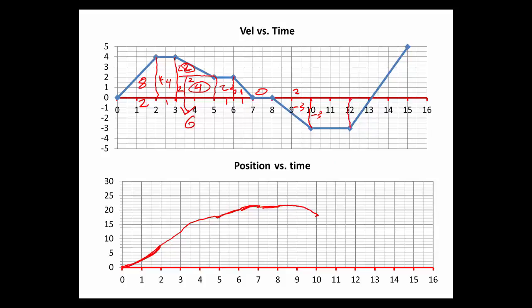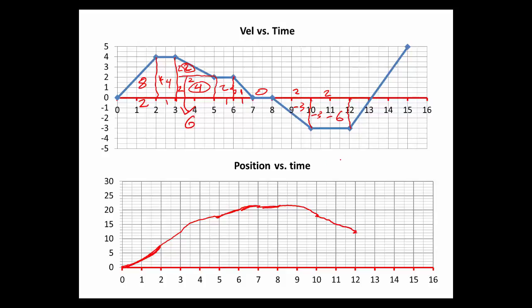This next section, it is 2 by -3, I get -6. I'm going to go down 6 from 18, so I'm going to go to 12 at 12 seconds. This is going to be a straight line.